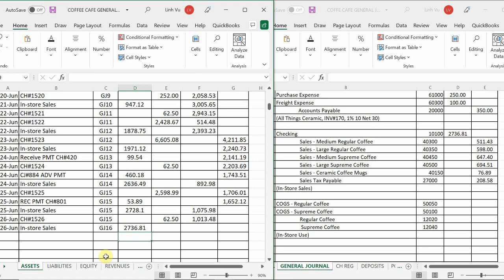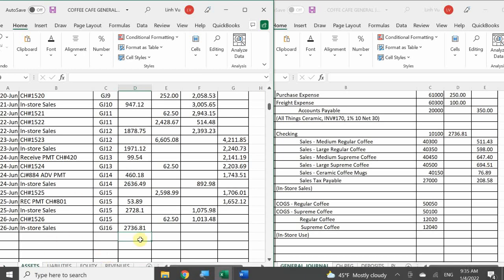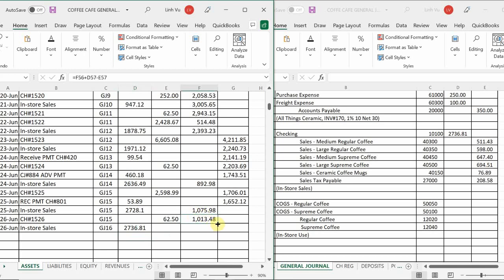So how much is my grand total account balance in my checking account? 3750.29. Good.